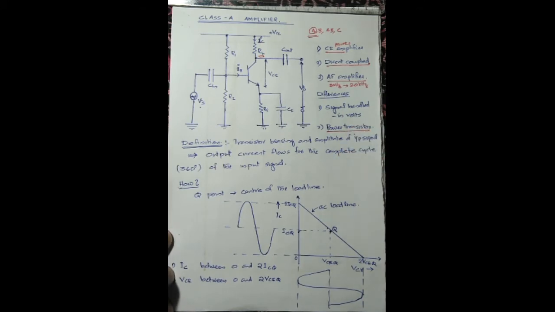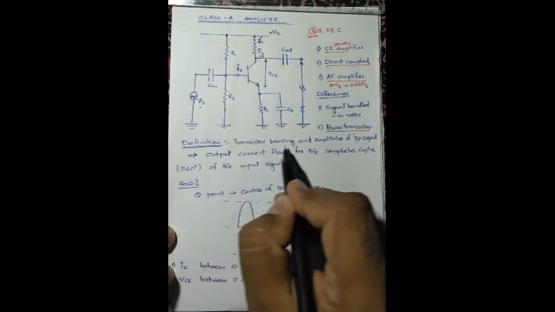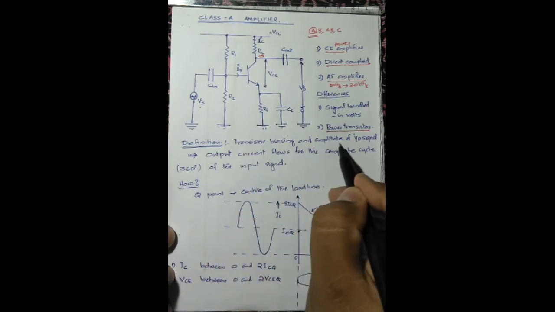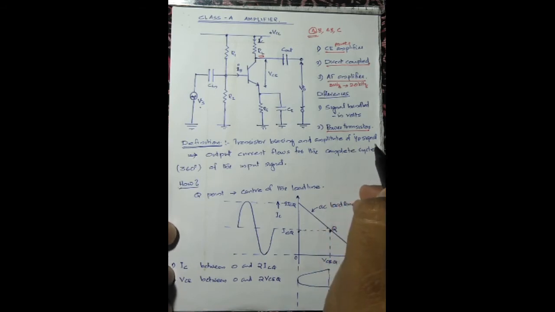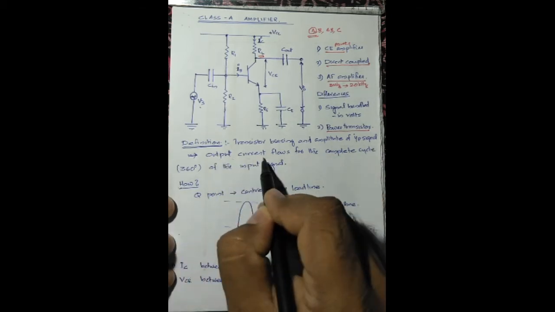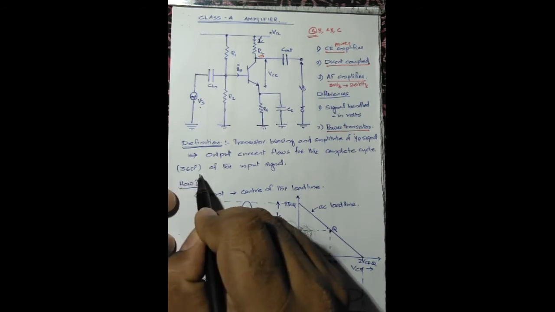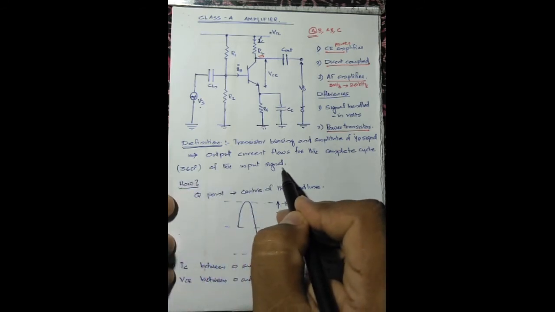So we may define a class A amplifier as a transistor biasing in which the amplitude of the input signal is maintained in such a way that the output current flows for the complete cycle, or 360 degrees, of the input signal.